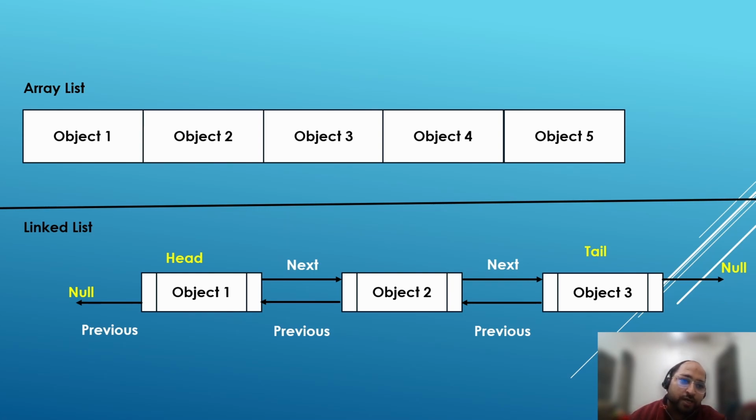Before that, let us try to understand how an ArrayList looks like and how a LinkedList looks like, right? So when we create an ArrayList and when we add the elements, as soon as the ArrayList is created, a contiguous memory location is assigned. For example, by default, let us say a size of 10 is assigned. I believe this is the default capacity.